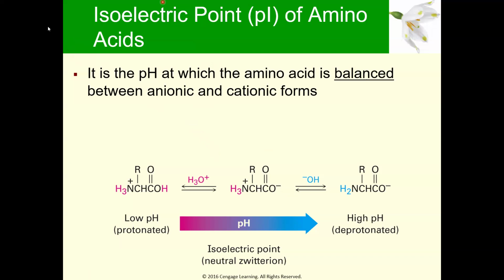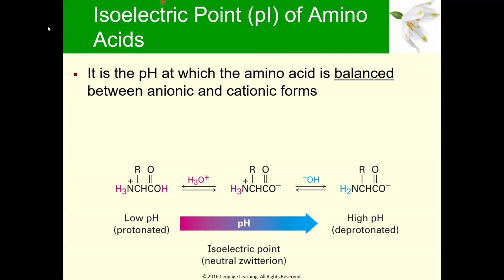But as I said before in the previous slide, if you are below the isoelectric point in pH, what that means is you're in acidic conditions that are going to impart to your amino acid an overall positive charge. If you are above the isoelectric point for the amino acid, then overall you're going to have an amino acid that has a negative charge.